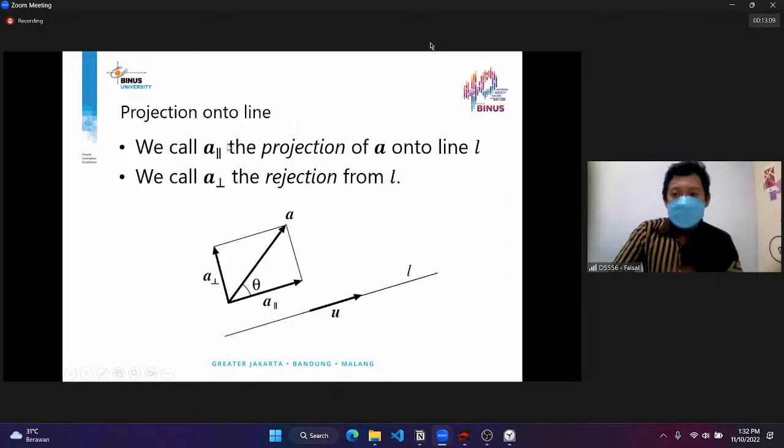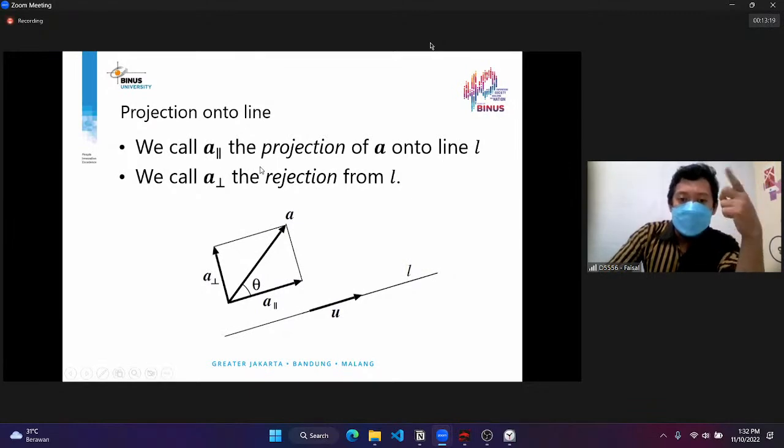These are the first two of our transformations, projection and rejection.